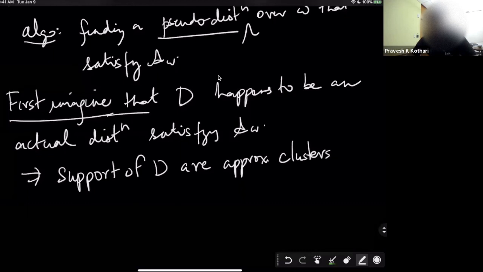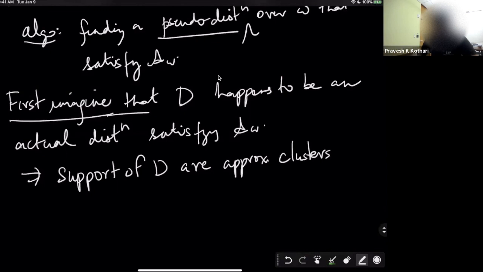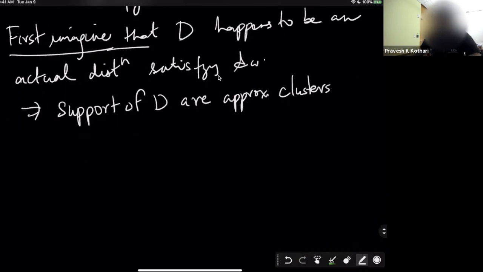Right? So given such a distribution, which is supported on potential true solutions or approximate true solutions, how can you calculate one true solution? You can sample. If indeed I had D, then I could sample.